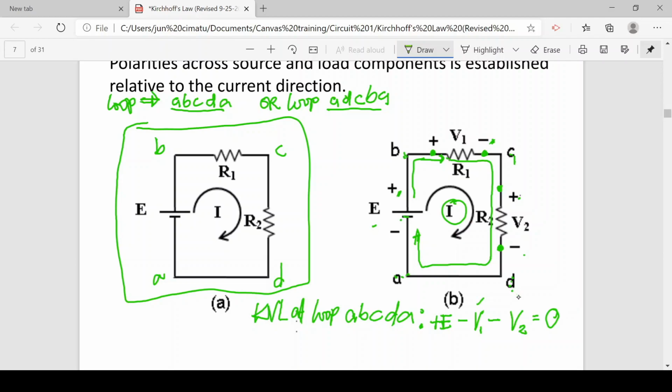Now let us replace V1 and V2 in terms of current and its resistance. So E minus V1, which is I times R1, minus V2, which is I times R2, and this is equal to 0.